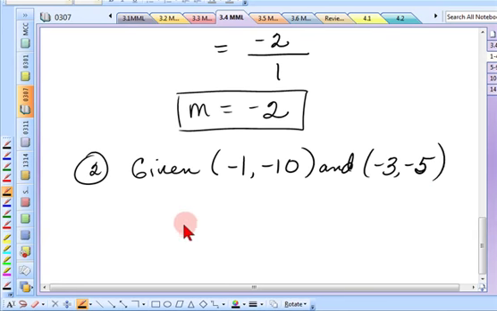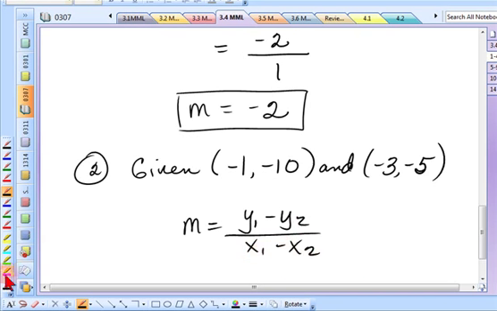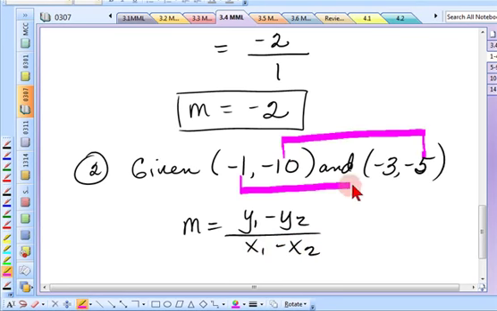So I think about the slope formula, which the way I write it is y1 minus y2 over x1 minus x2. Y's are on top, x's are on bottom.